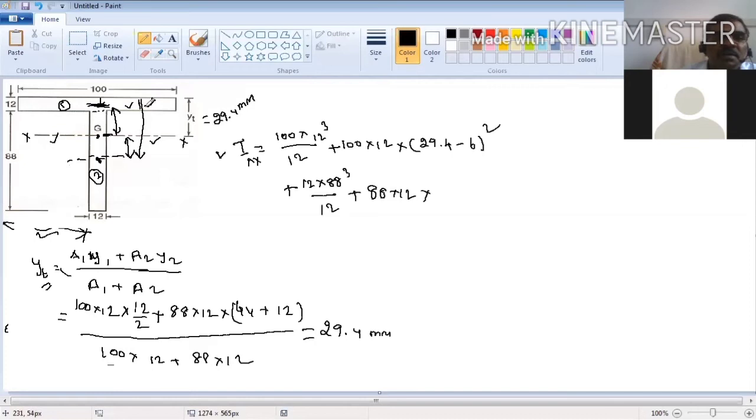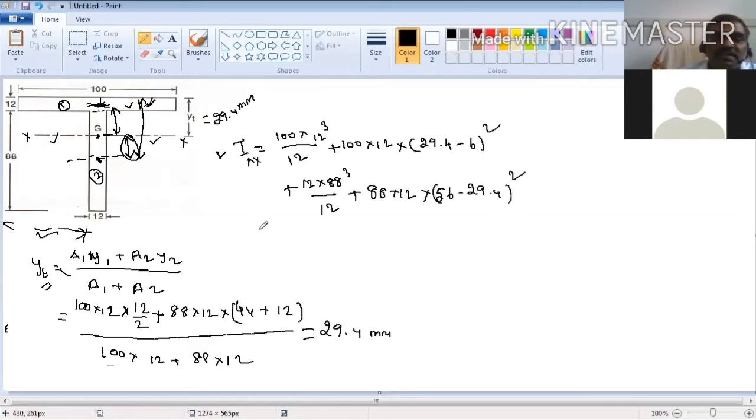This distance minus this distance will give you the required distance. This is 44, so 44 plus 12 is 56. 56 minus 29.4, the whole square.